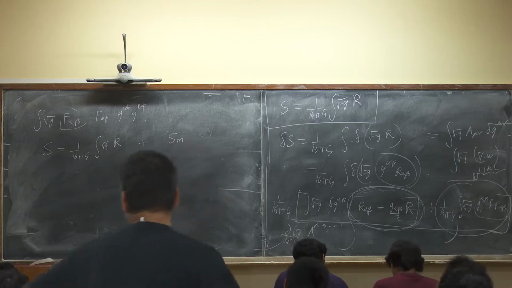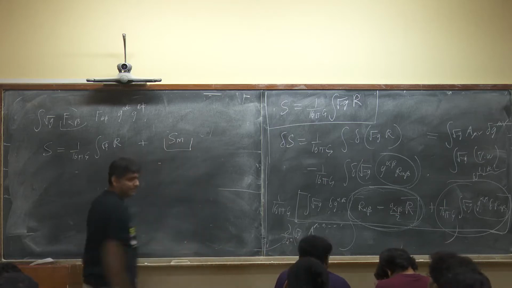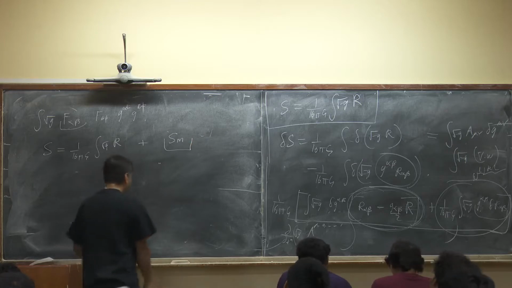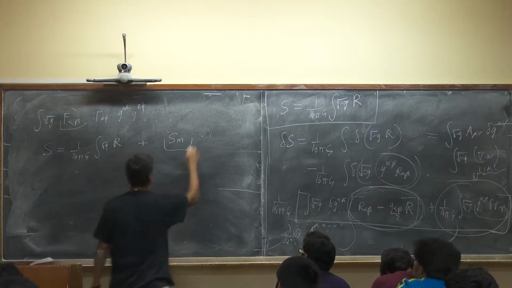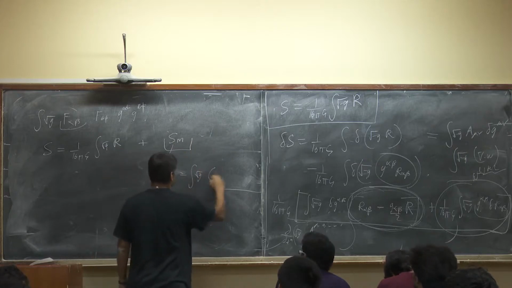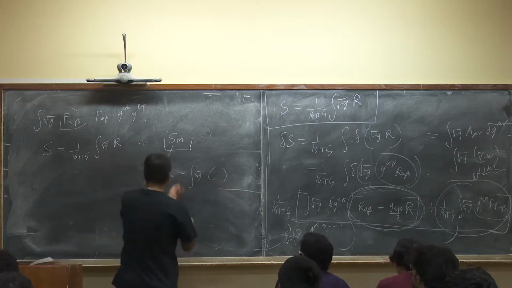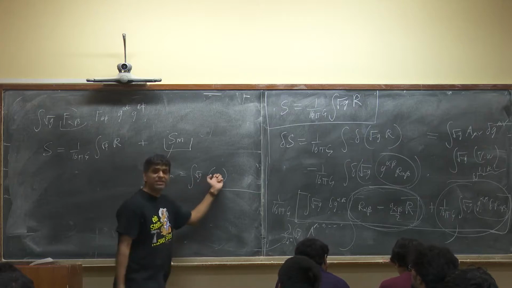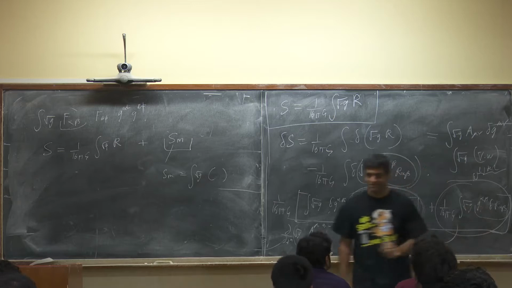Now, what will Einstein's equation be? We'll take this S matter, whatever we get there. Let's say that S matter, S_m, is equal to the integral of square root g times stuff. It doesn't matter. We'll take this and vary with respect to g, because that's how we got this equation of motion.